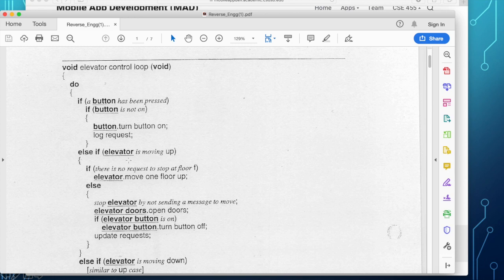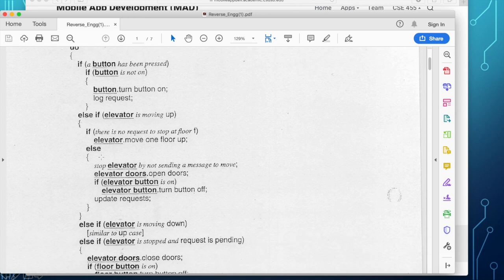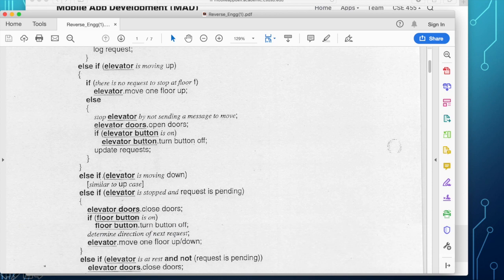This is what you'll do. Else, this is what you're going to do. The other case is the elevator is moving down. So the previous case is elevator is moving up. Here, elevator is moving down. And you see here, the pseudocode says similar to the up case.